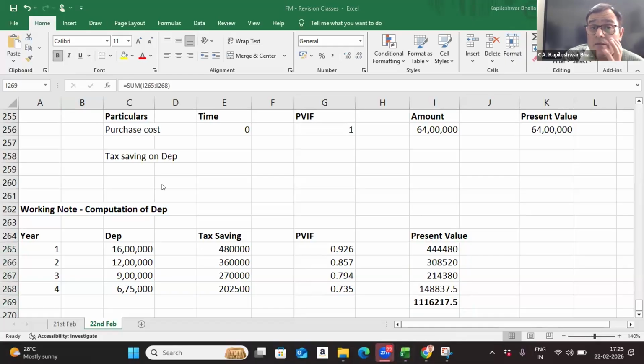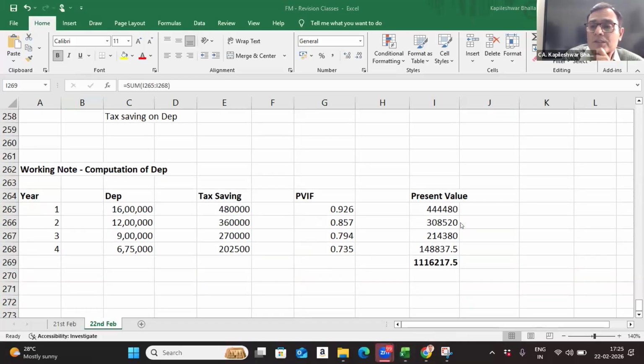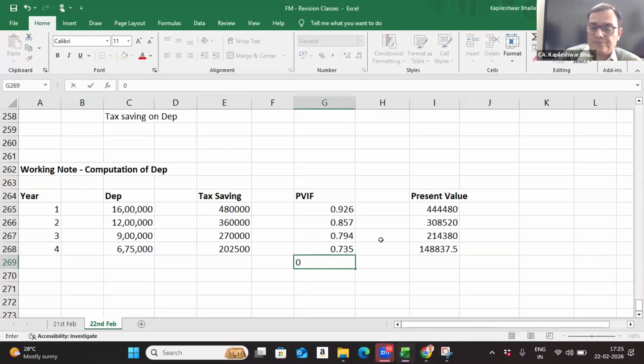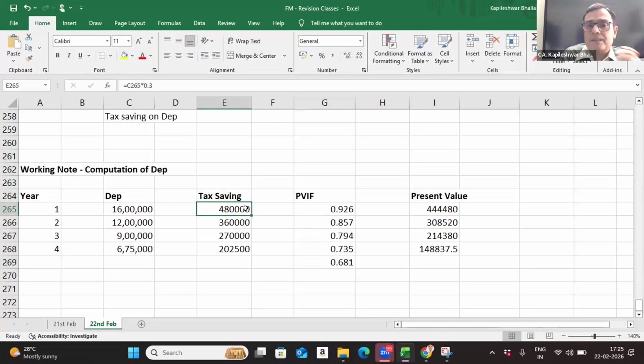Oh, taxes in arrears. Oh my God, I just slipped out of the mind. So I think the taxes in arrears, what we'll have to do in this particular case, shift it 1 year. So we'll shift it 1 year. 1 divided by 1.08, 1, 2, 3, 4. This is 0.680, 0.681, I would say. So since it is in arrears, let's do one thing.